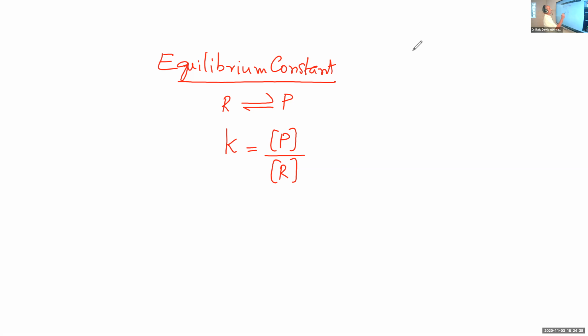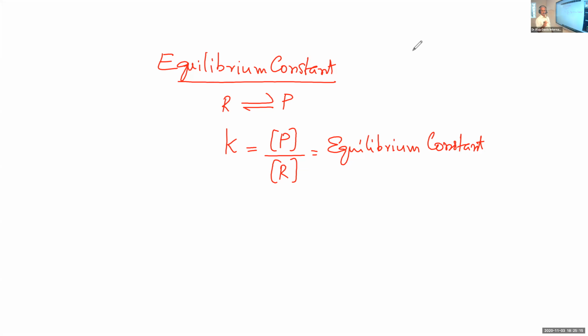Why? The concentration of P is a constant, and the concentration of R is also another constant. So a constant divided by another constant gives a constant, and this constant is called the equilibrium constant. The equilibrium constant is the ratio between the concentration of the products and the concentration of the reactants.